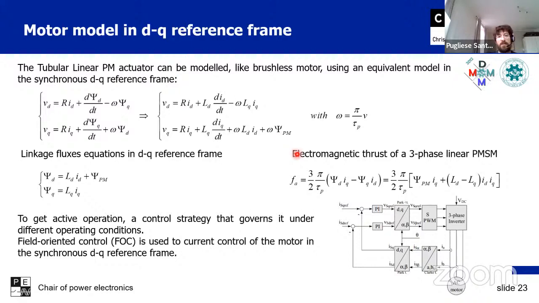And from that, we derived the expression of the electromagnetic thrust of this three-phase linear PMSM as a function of the flux linkage and the current in the Q axis. Since in this case we are using an isotropic model, at the end this electromagnetic thrust will be only a function of iQ. So which kind of control do we use?